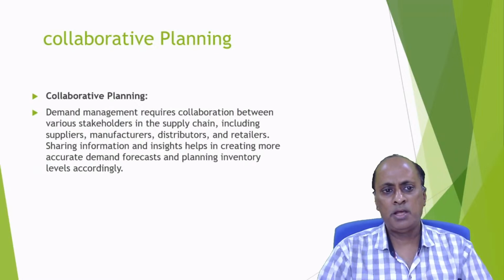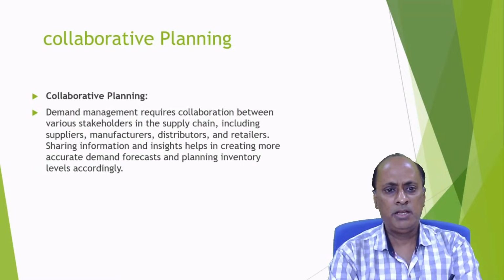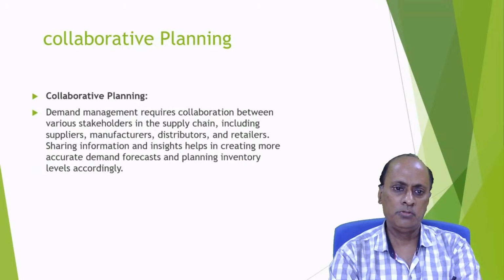Then collaborative planning. Demand management requires collaboration between various stakeholders in the supply chain. At the outset, I told you there are different entities in the supply chain: suppliers, manufacturers, distributors, and retailers. Sharing information and insight helps in creating a more accurate demand forecast and planning inventory levels accordingly.